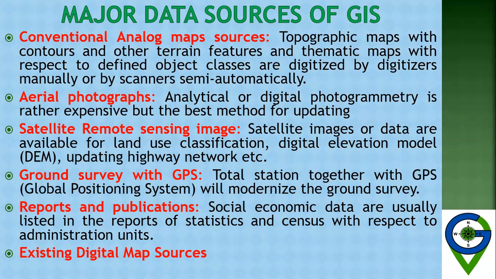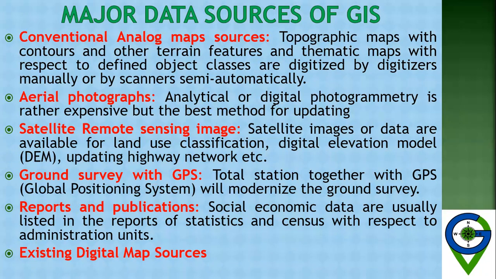Then aerial photographs: analytical or digital photogrammetry is rather expensive, but the best method for updating. Then satellite remote sensing: satellite images or data are available for land use classification, digital elevation model, that is DEM, and updating highway or road networks, etc.